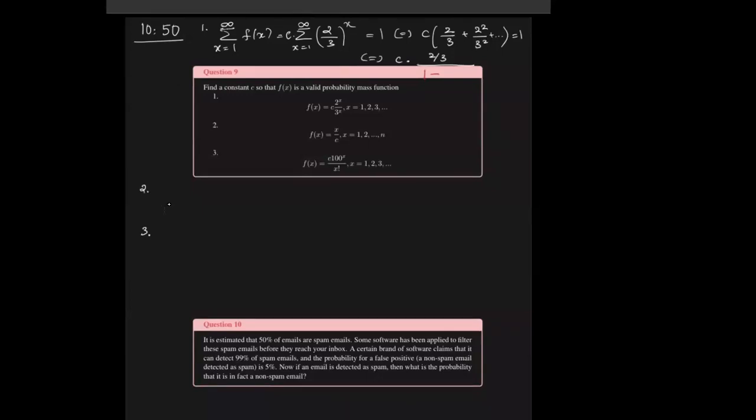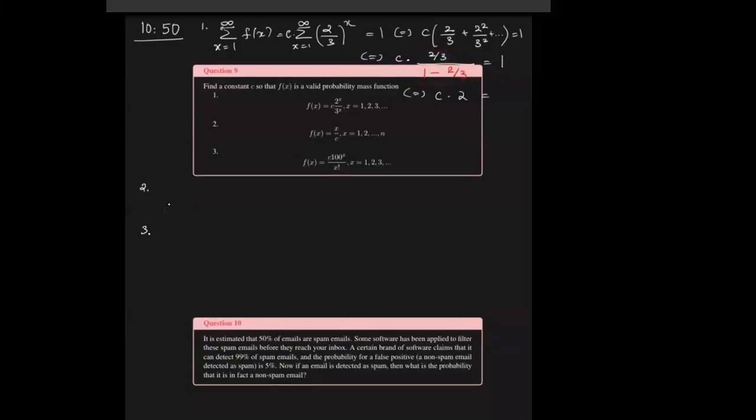The ratio is the ratio between two consecutive terms. So if you take this term divided by this, you will get 2 over 3. So the ratio here is 2 over 3. And you would have 2 over 3 divided by 1 over 3, which is 2. So c equals 1 over 2.